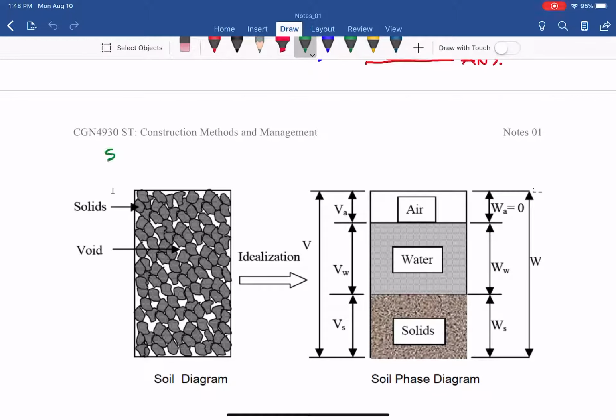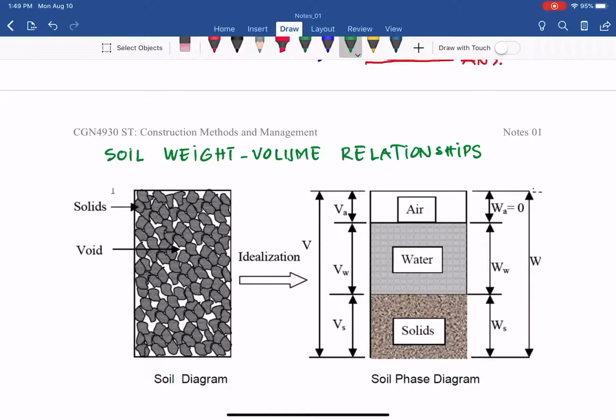So soil weight volume relationship. This topic I consider the most challenging for today's lesson 1.